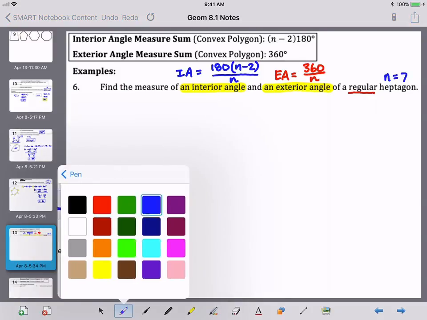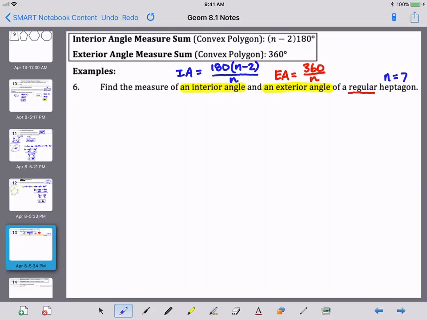So let's go ahead and do that. For a heptagon, we're going to use 7 for the number of sides. So an interior angle is going to equal 180 times 7 minus 2 divided by the number of sides, which is 7. Well, we know from our previous example, example 4, that a heptagon, which has 7 sides, adds up to 900 degrees.